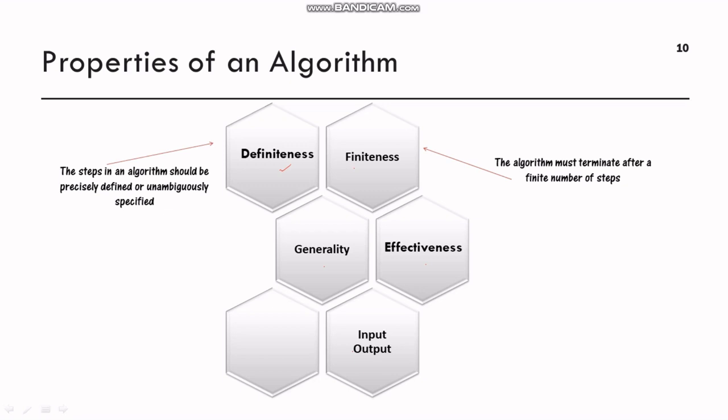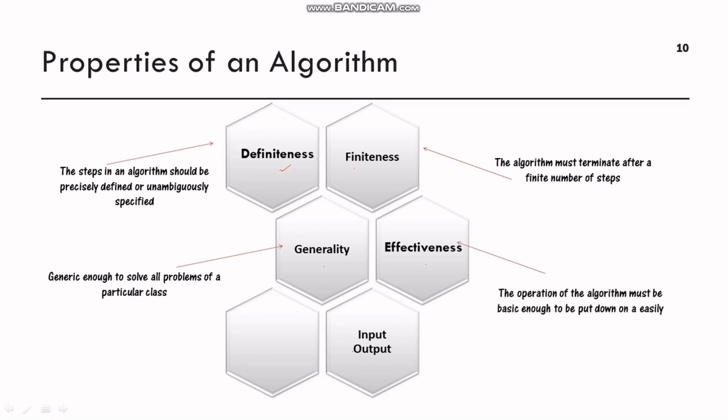If the process is infinite in nature, we cannot call that process an algorithm. Generality. An algorithm should be generic enough to solve all the problems of a particular class. The algorithm is not formulated for a specific problem, it is formulated for a class of problems.